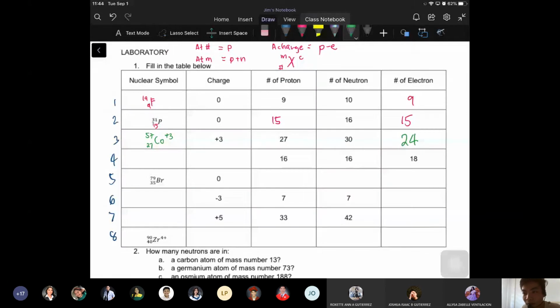Who else would like to help me? Okay, Emmanuel. Charge. Charge is negative 2, because proton 16 minus electron 18. 16 minus 18 is negative 2.